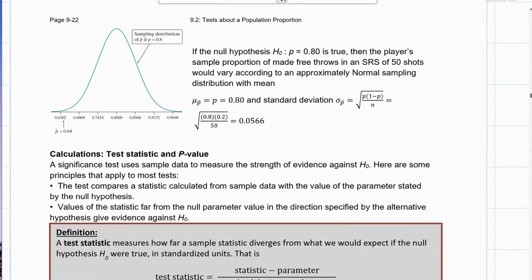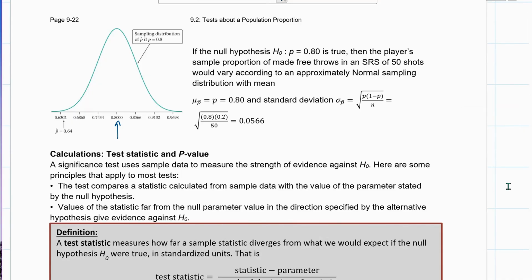We see and we remember that the idea is that that p hat, that one value, is actually a member of the sampling distribution of p hat. And we know, assuming H naught is true, that the center of that distribution would be at 0.8.